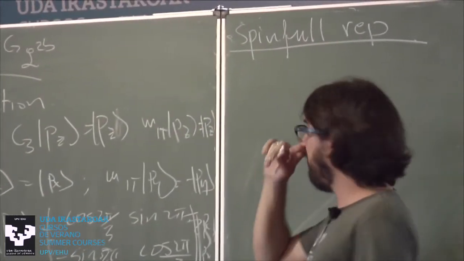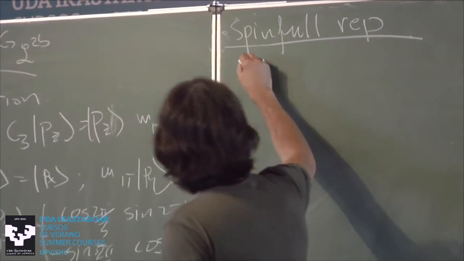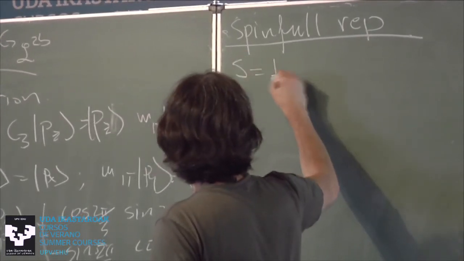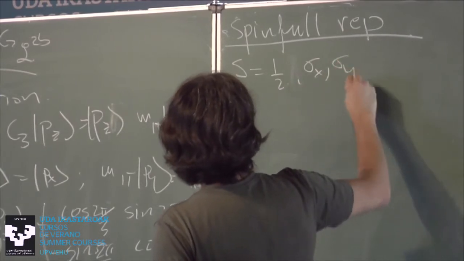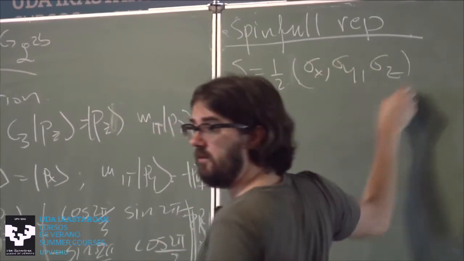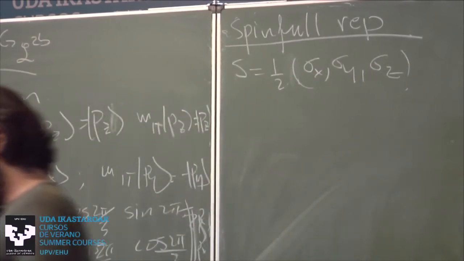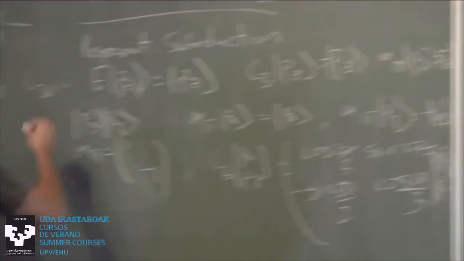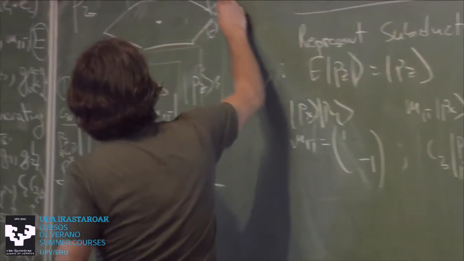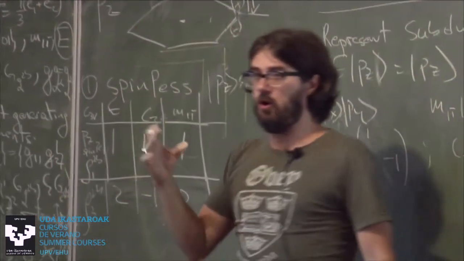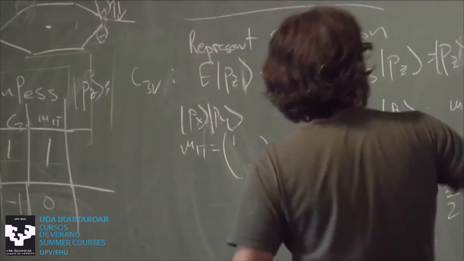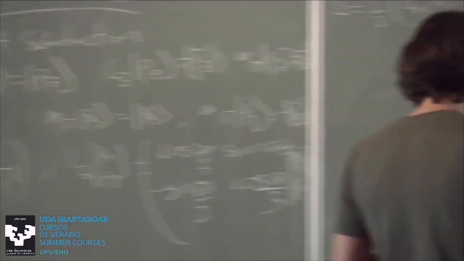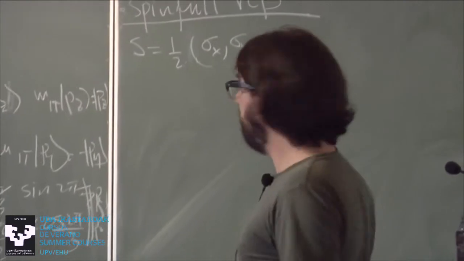So the way you get spinful representations is you define the spin matrices, which are 1/2 sigma x, sigma y, sigma z. These are Pauli matrices. Okay? And I'm going to want the representation of PZ orbitals. So I'm adding on the graphene lattice PZ orbitals, but now spinful. These were spinless. I'm adding PZ orbitals that are spinful.